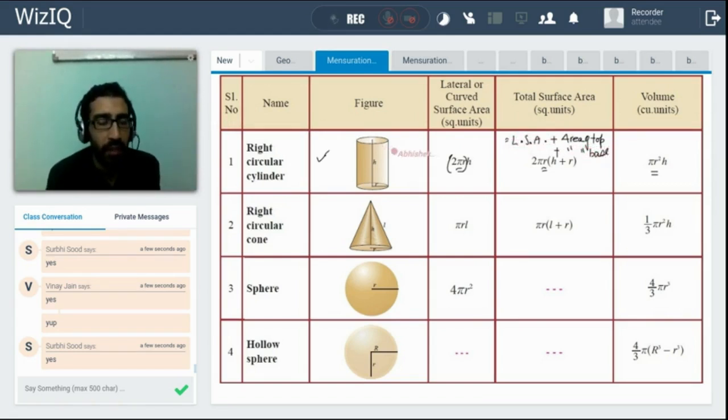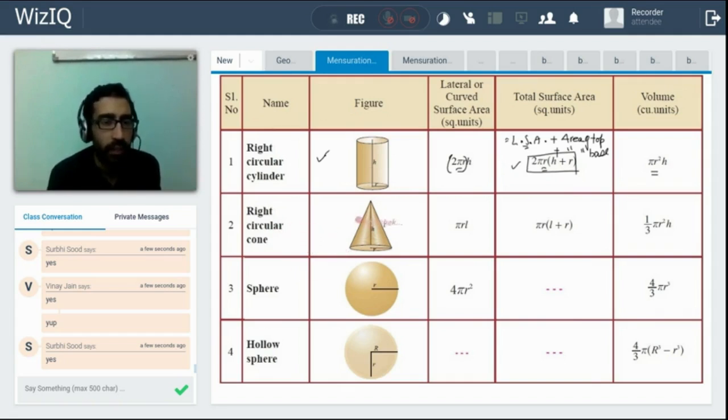If the cylinder is a hollow one, if it has neither a base nor a top, then total surface area becomes lateral surface area. Here, the formula that has been given clearly assumes that there is a top and a base, or this is a solid cylinder. So in that case, it would be 2 pi rh plus 2 pi r square, which is what this represents: 2 pi rh plus pi r square for the base, pi r square for the top.